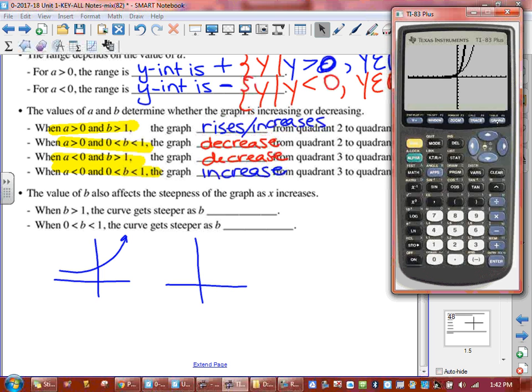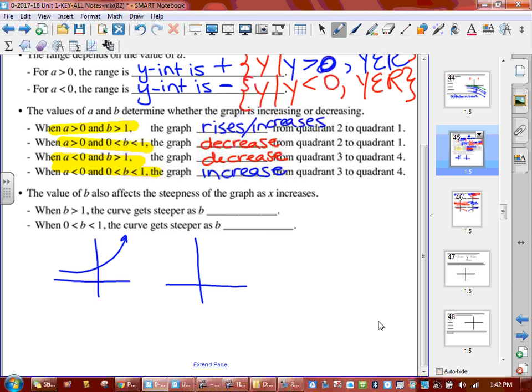So we're going to make a general statement saying that as b increases, the curve gets steeper. So, the curve gets steeper as b increases, which means the graph gets closer to the y-axis. That's what's actually happening. The graph's getting closer to the y-axis.